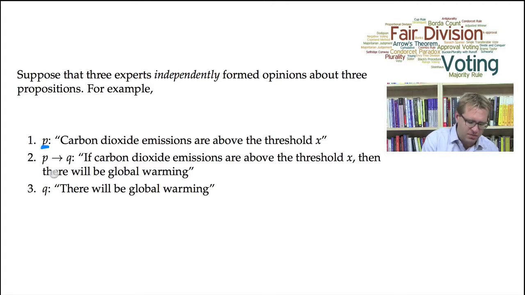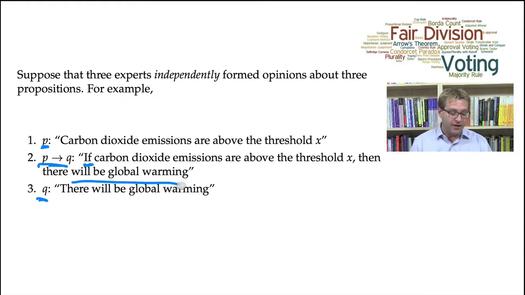So we have the proposition P, P implies Q, and the proposition Q. For concreteness, let's assume that P is the statement, carbon dioxide emissions are above threshold X. And P implies Q is the statement, if carbon dioxide emissions are above the threshold X, then there will be global warming. And finally, Q is then the proposition, there will be global warming.